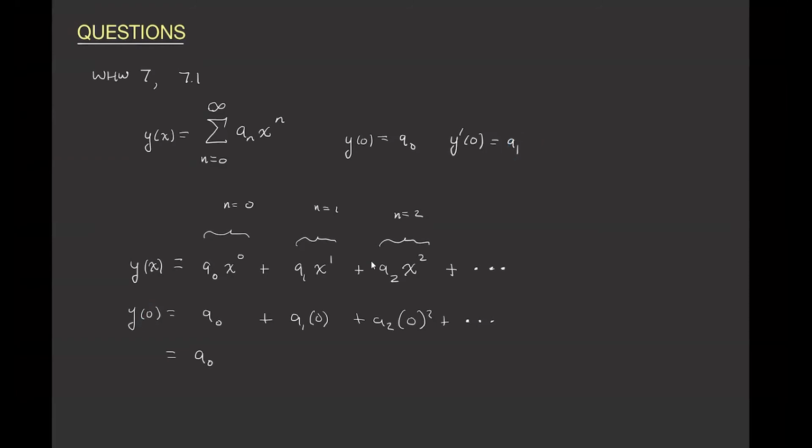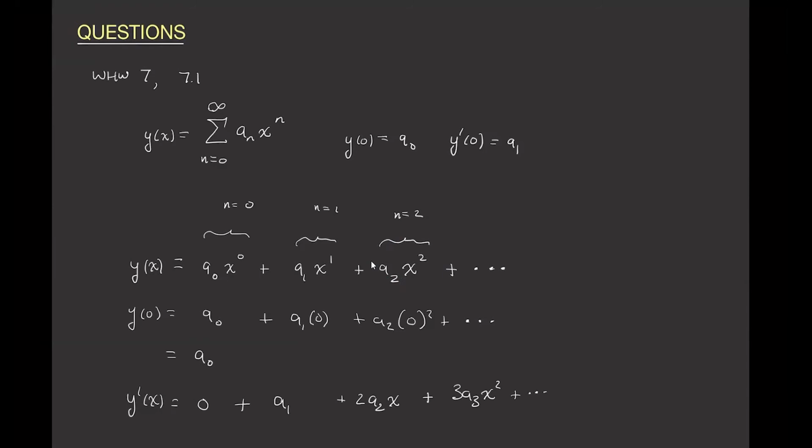Now, to be a little more clear, if you take y prime of x, you take the derivative of each one of these terms. This is a constant, so you get 0 to start. Then you have a1 times x, take the derivative, and you get a1. Then with the next one, you have a2x squared, so you get plus 2a2 x to the first power, and then just to see the next one, we get 3a3x squared, and so on.